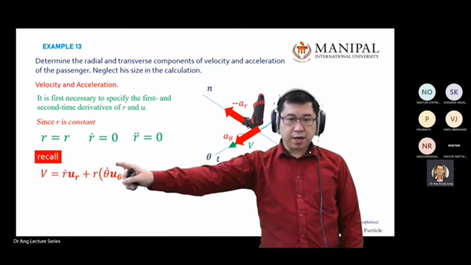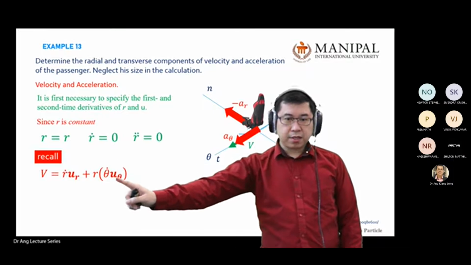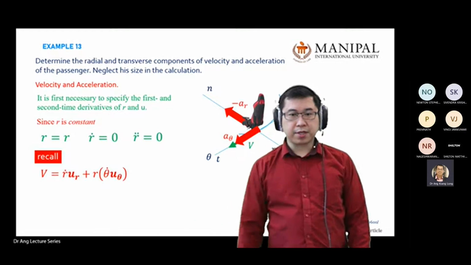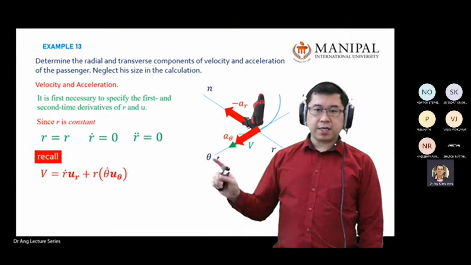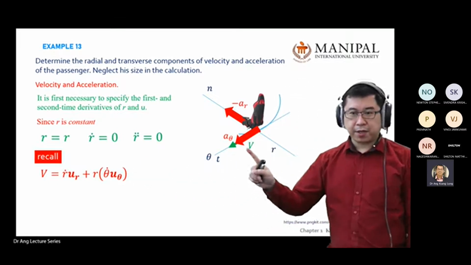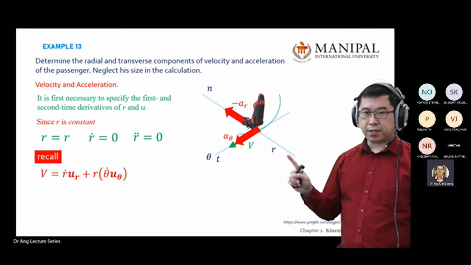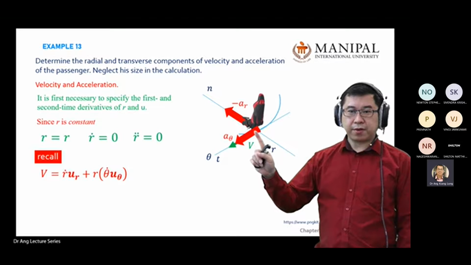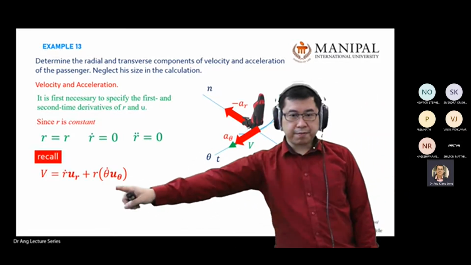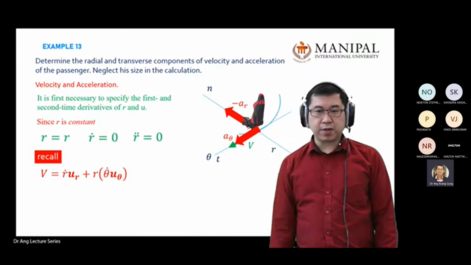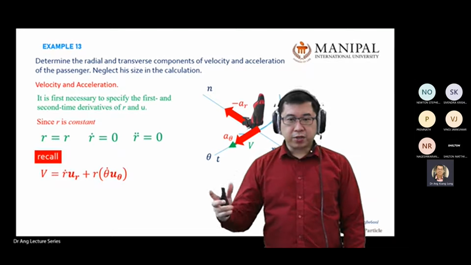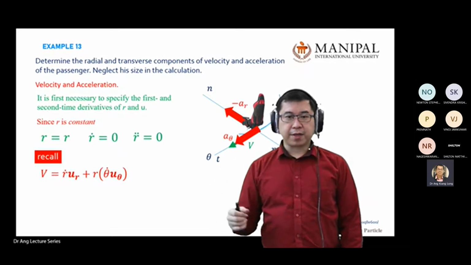R times theta dot is a magnitude, U theta is a direction. So you have a vector in this direction and a vector in this direction. This gives you two directions. That's why from this vector equation, you can find the magnitude and the direction, right?